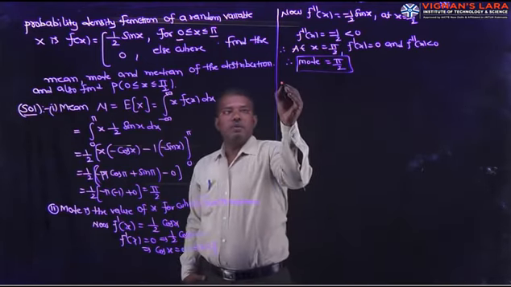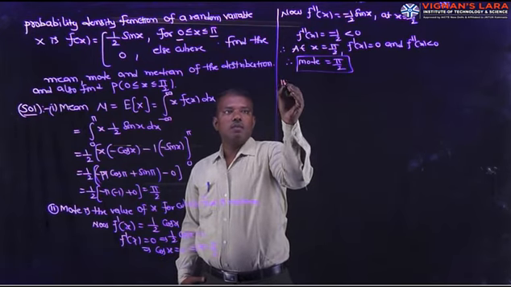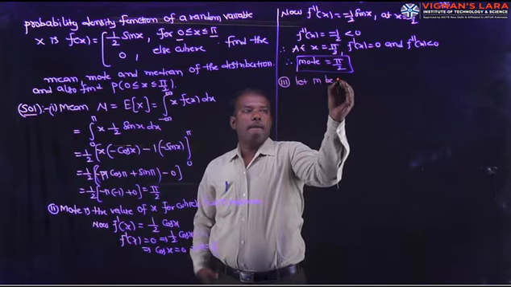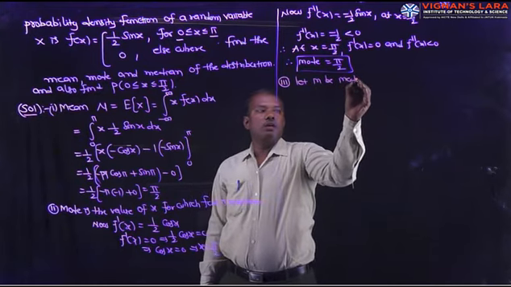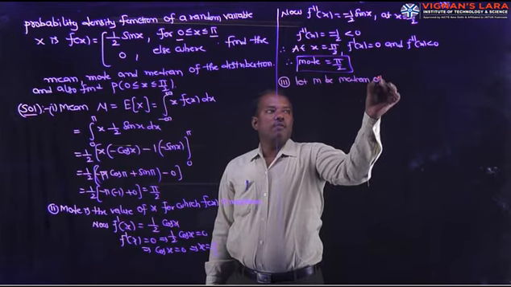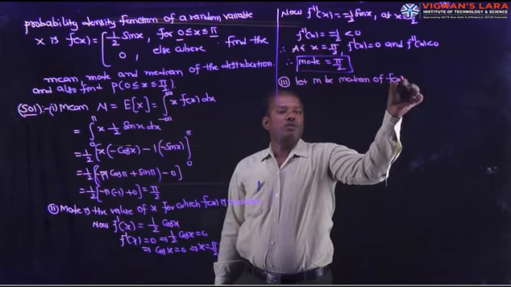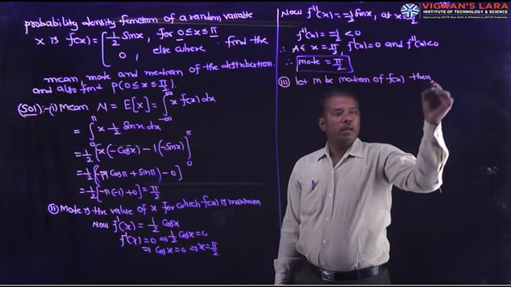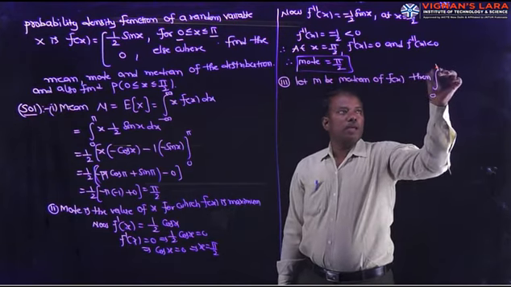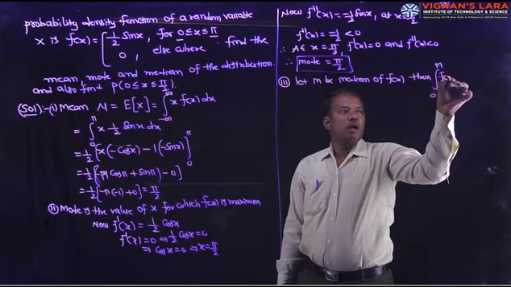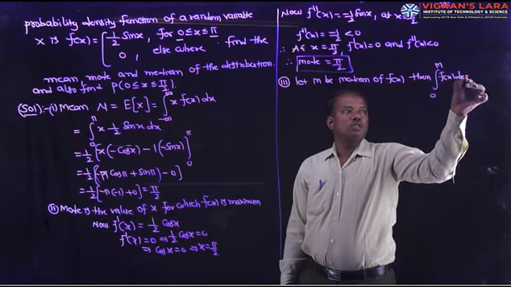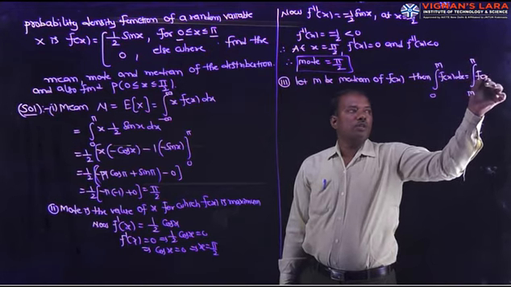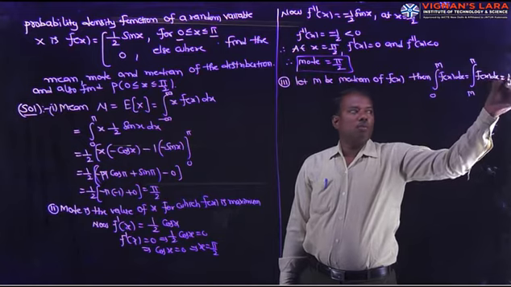Then the third one, median. Let capital M be the median of f of x, a continuous random variable. Then the integral from 0 to M of f of x dx equals the integral from M to pi of f of x dx, equal to 1 by 2.